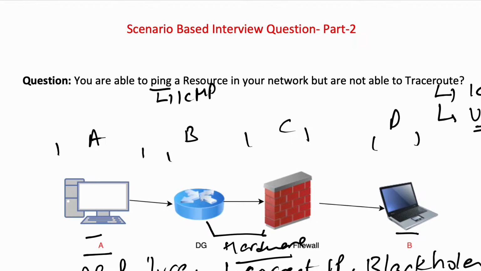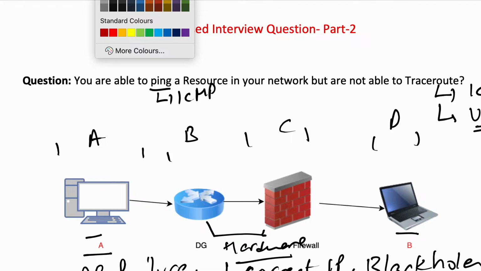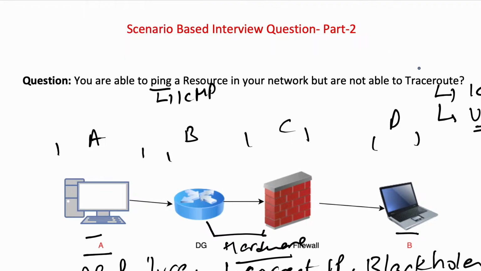So these are some of the reasons which could cause it. Now we'll talk about resolution. Whatever issues we have here, first of all, check the firewall rules and ACLs.